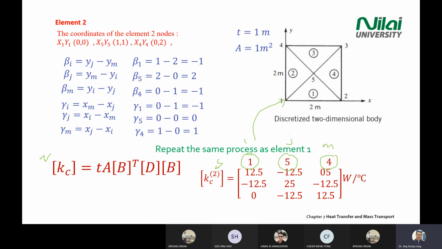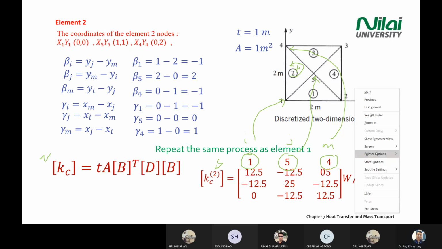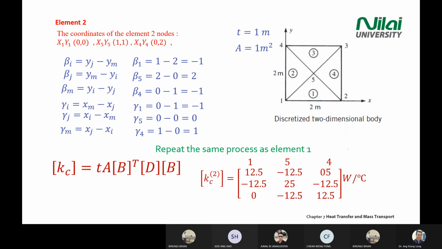This is I, this is J, this is M. You are looking in the anti-clockwise direction, and your I is always the lowest point. So far so good, everyone? Okay, you do the same.